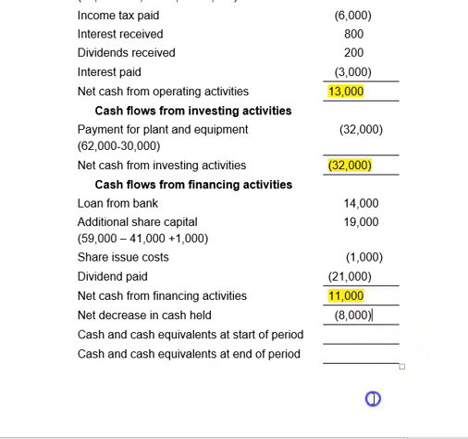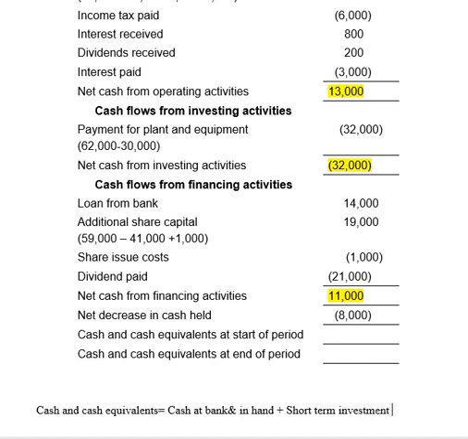Okay, so for cash and cash equivalent, these are the things that you need to know. Cash and cash equivalent equals to cash at bank and in hand plus short-term investment that matures within 90 days minus bank overdraft.